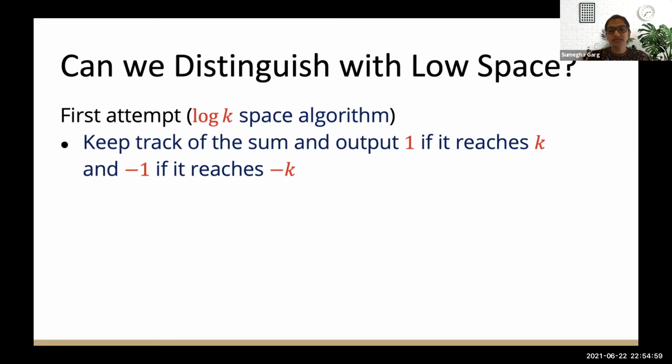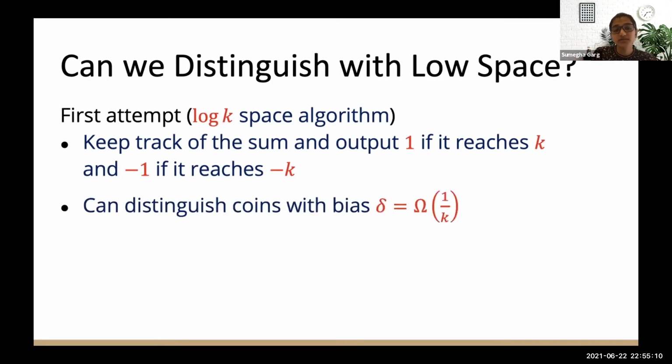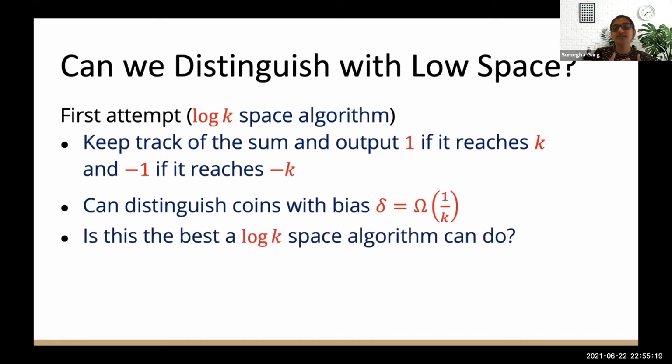Computing majority is basically equivalent to letting this algorithm run for k equal to n. Now, this algorithm can actually distinguish coins with bias of omega 1 by k. And a natural question to ask is, is this the best a log k space algorithm can do, that is, detecting a bias of 1 by k?